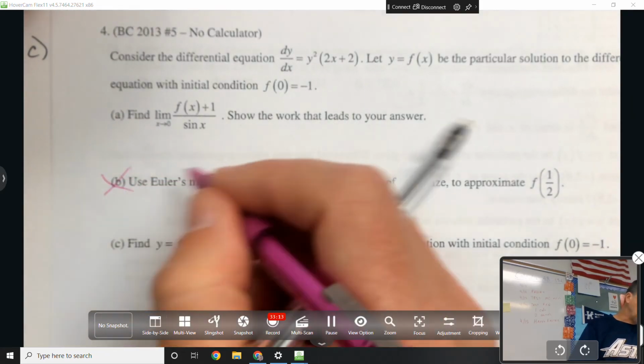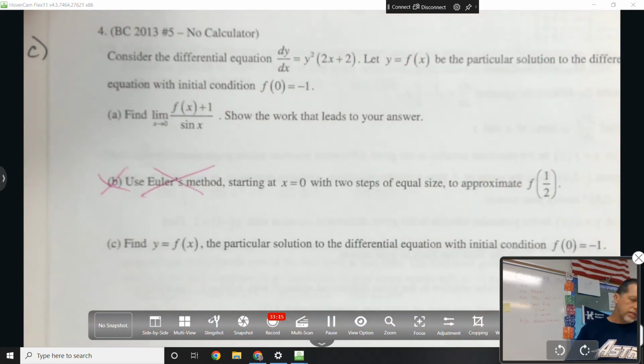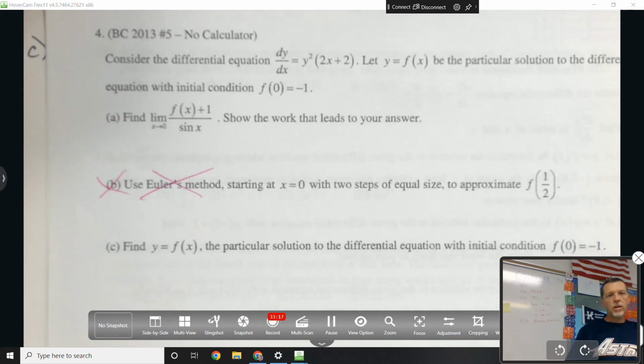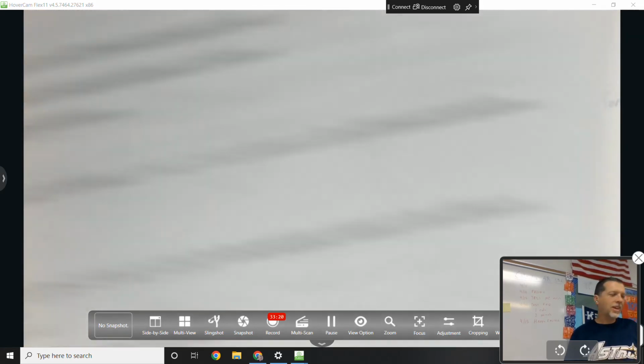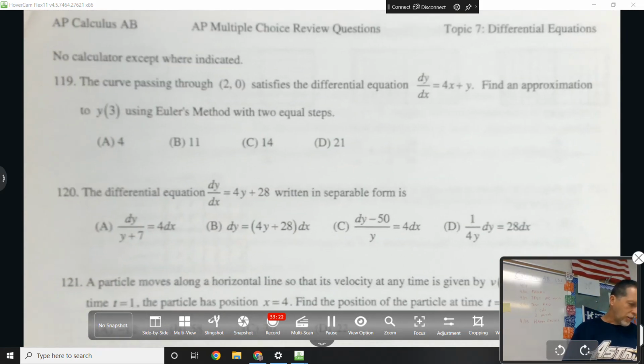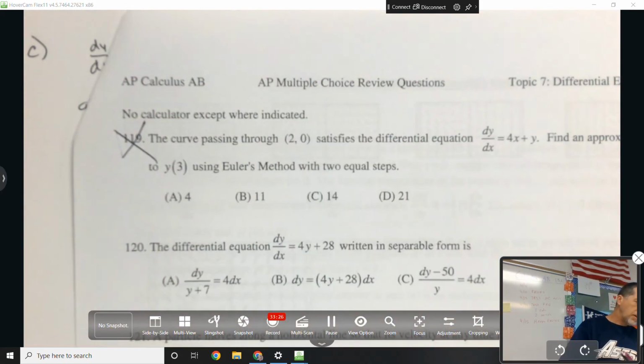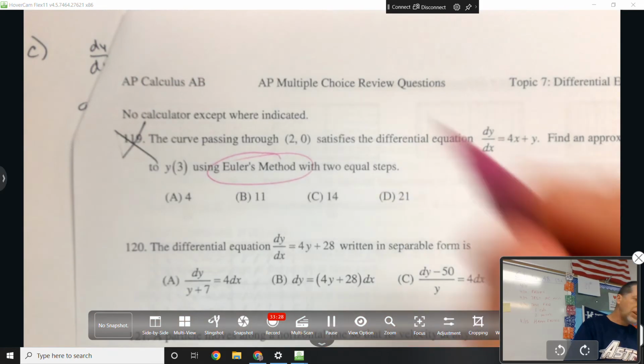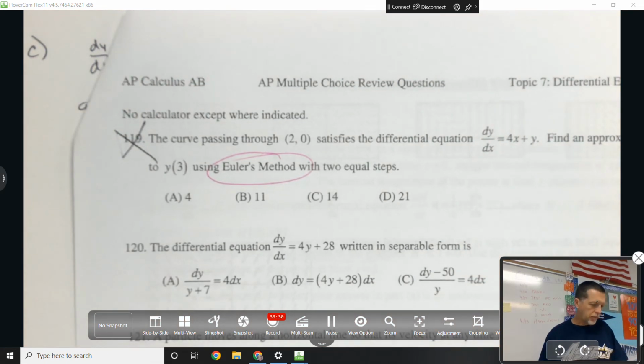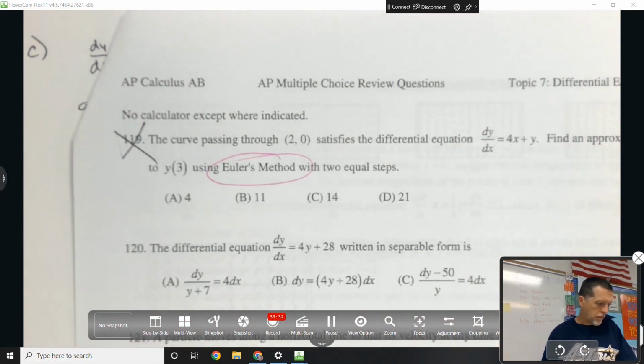You can throw that one out, or throw part B out, not the whole thing. And then I think there's one on the multiple choice section, the very first one. Euler's method, that's BC. You can throw that one out. But the rest you can do.